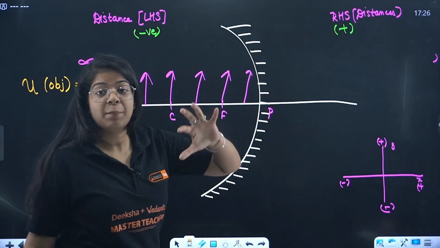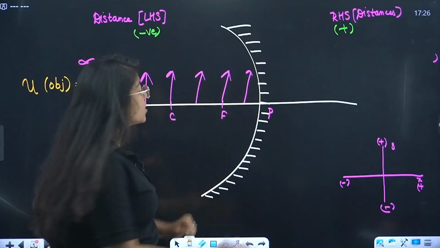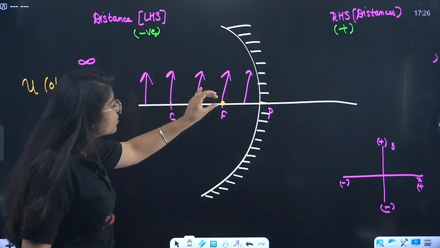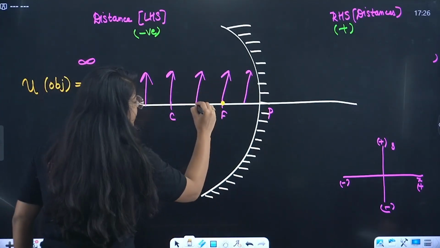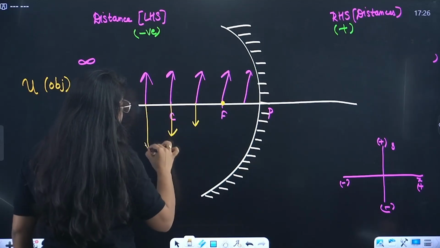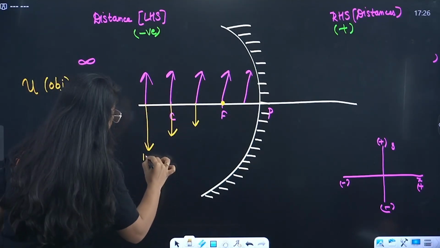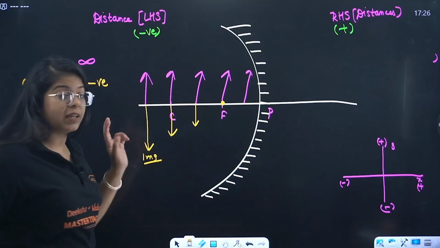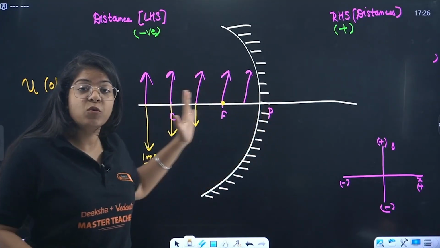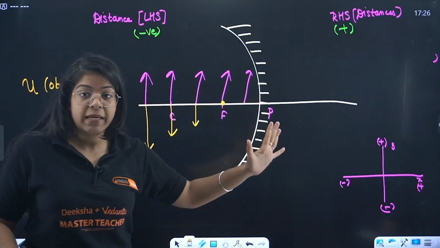Now if you remember, at infinity the image is at focus, which is point sized. When it is beyond C, the size of the image increases a little bit, and it is between C and F. At C the size is the same. So the size of the image increases as we move our object towards the mirror.